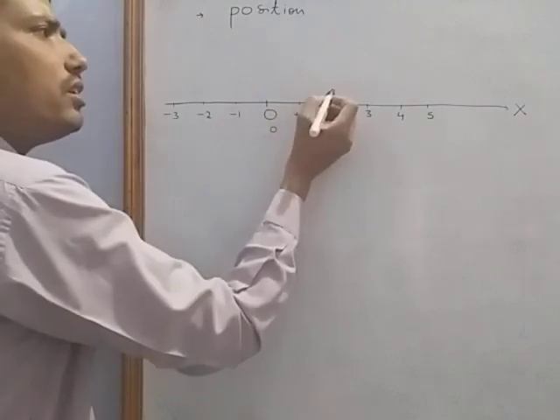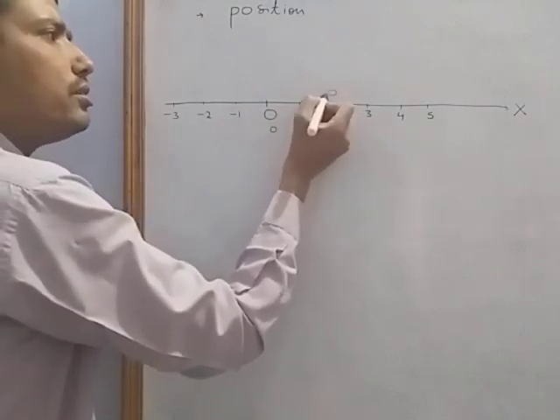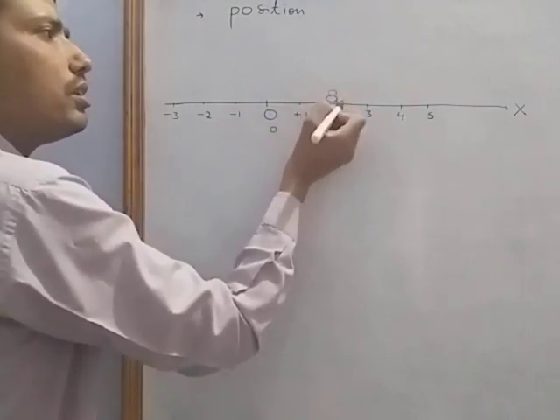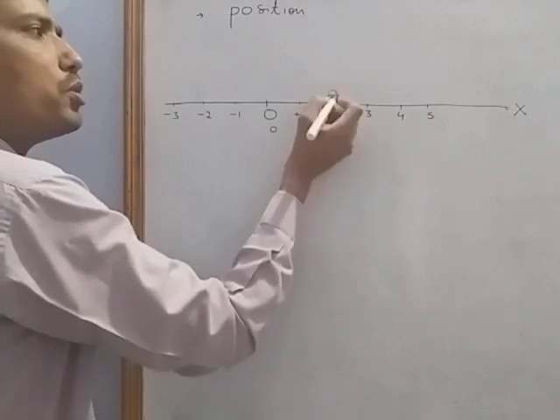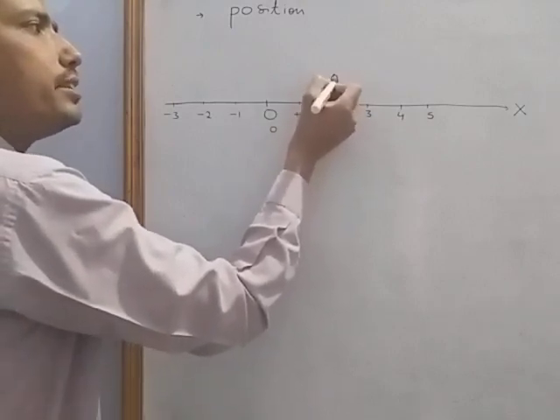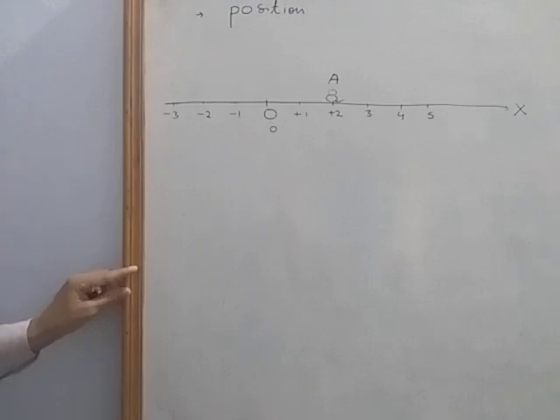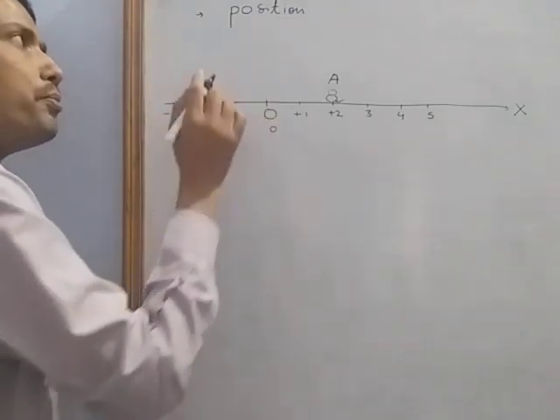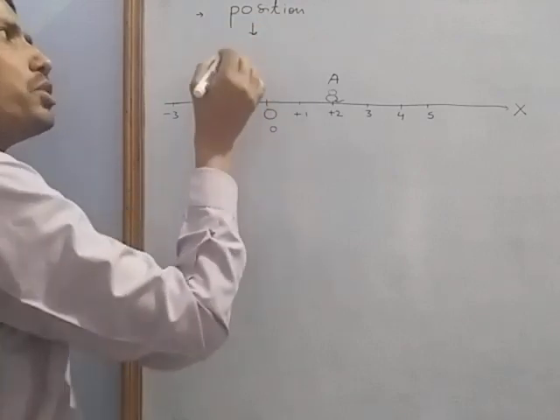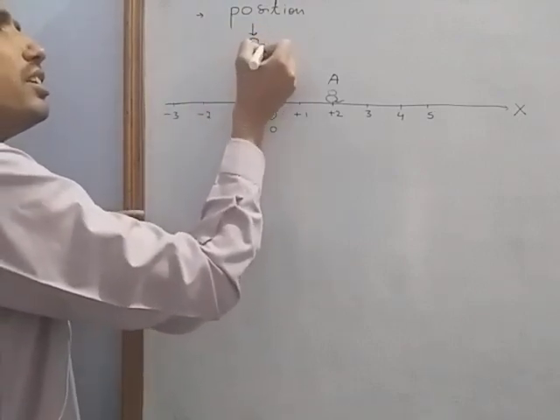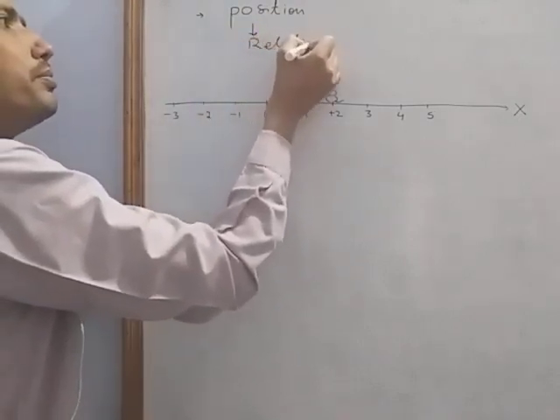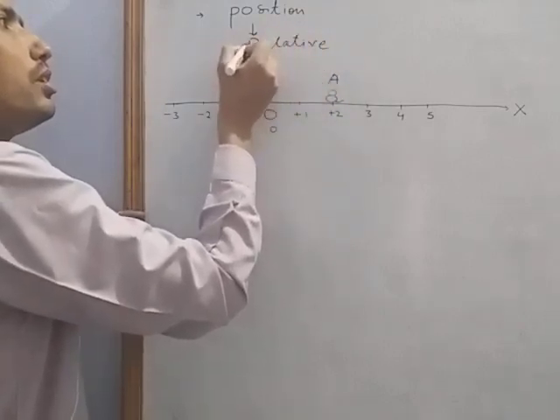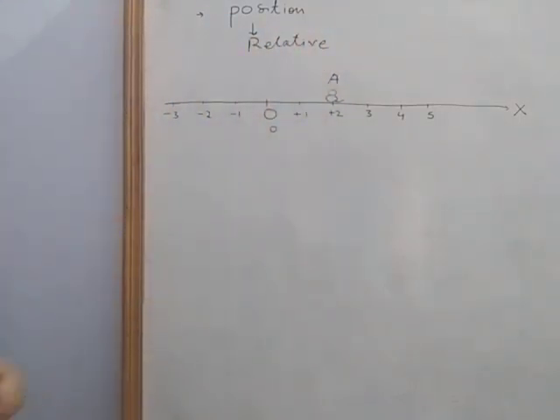Suppose there is a monkey sitting at this position, which I'll call position A. Before discussing position, let me tell you, the term position is a relative term. Now, what is the meaning of a relative term?